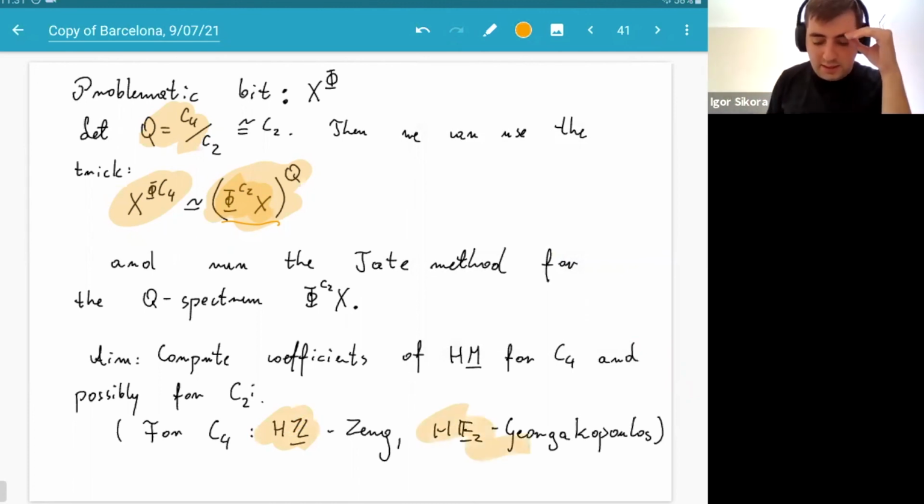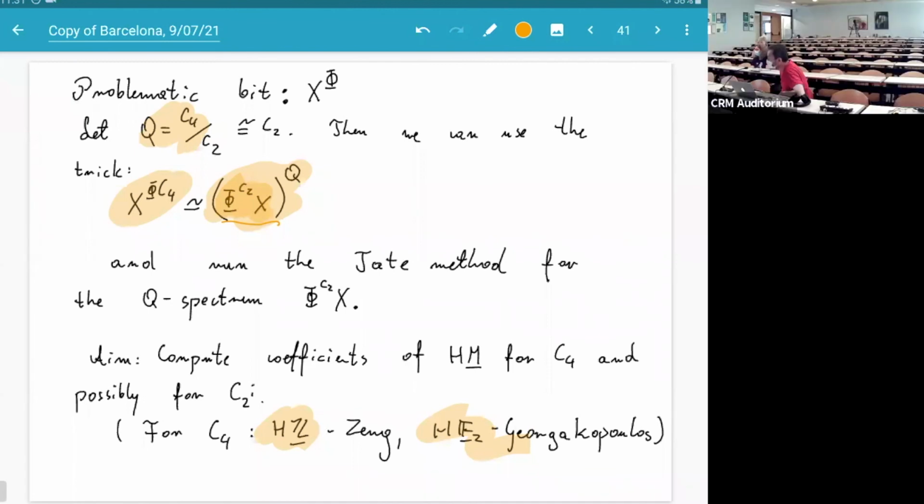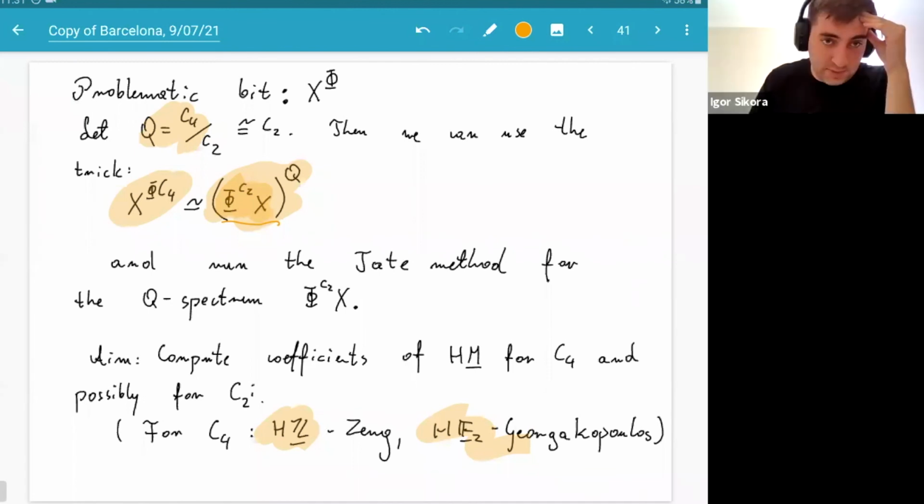And by Nick Georgakopoulos, who computed the coefficients of the Eilenberg-MacLane spectrum associated to the constant Mackey functor on F2. And I think that would be all I wanted to say.